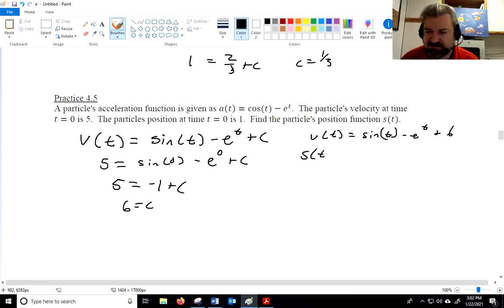Integrating again gives me position, making this a negative cosine of t. When you integrate, if you get cosine in your answer, make sure it's negative. Minus e to the t again, the integral of e to the t is e to the t, plus 6t plus c. We know the particle's position at t equals 0 is 1, so I'll plug in 0 for t.